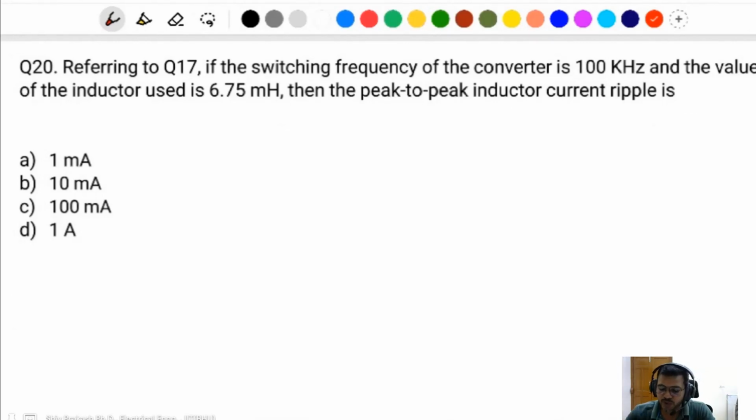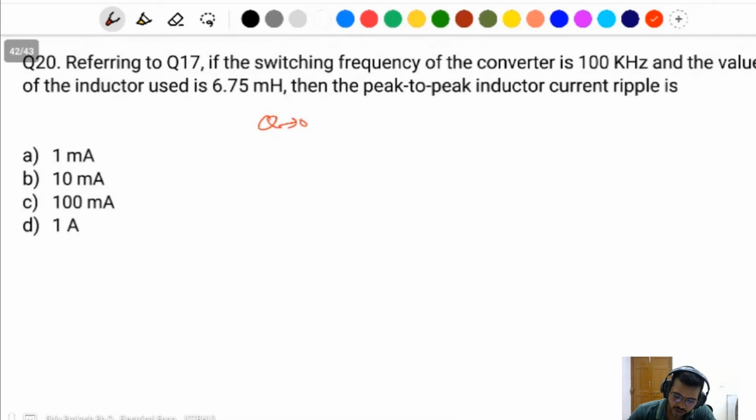To find the peak to peak inductor current or ripple current for any converter, like a buck converter, boost converter or buck-boost converter, first of all find the on-state voltage of the inductor. When the switch is on, what is the voltage? VL is the same as Vs minus V naught for the buck converter.